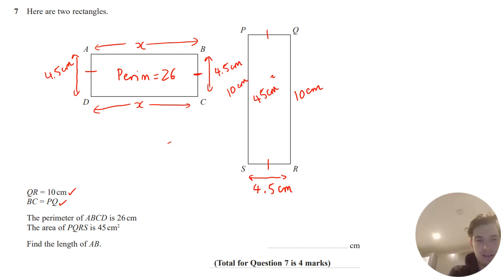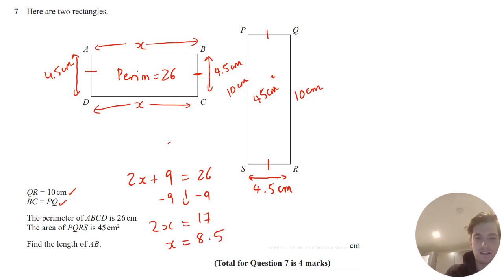So x plus x, 2x, plus 4.5 plus 4.5, that is just 9, equals 26. I got 2x equals 17, and divide that by 2. Hopefully you can work that out in your head. AB, or x, was 8.5 centimeters. Hopefully quite a straightforward one there. Let's keep going.